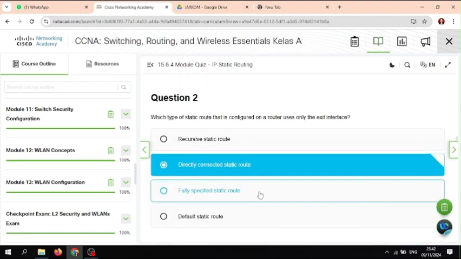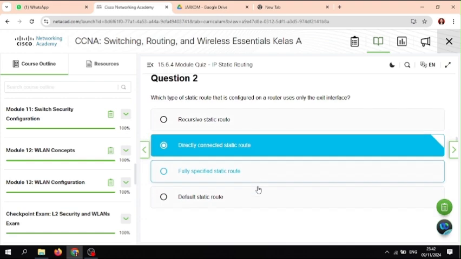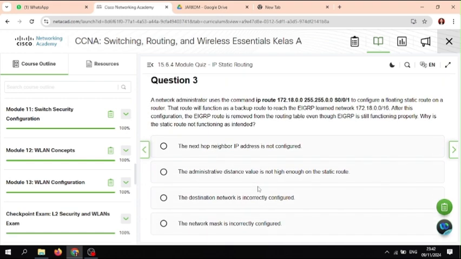Number 2. Which type of static route that is configured on a router uses only the exit interface? Directly connected static route. Question 3. A network administrator used the command ip route 172.18.0.0 serial 0/0/1 to configure a floating static route on a router.